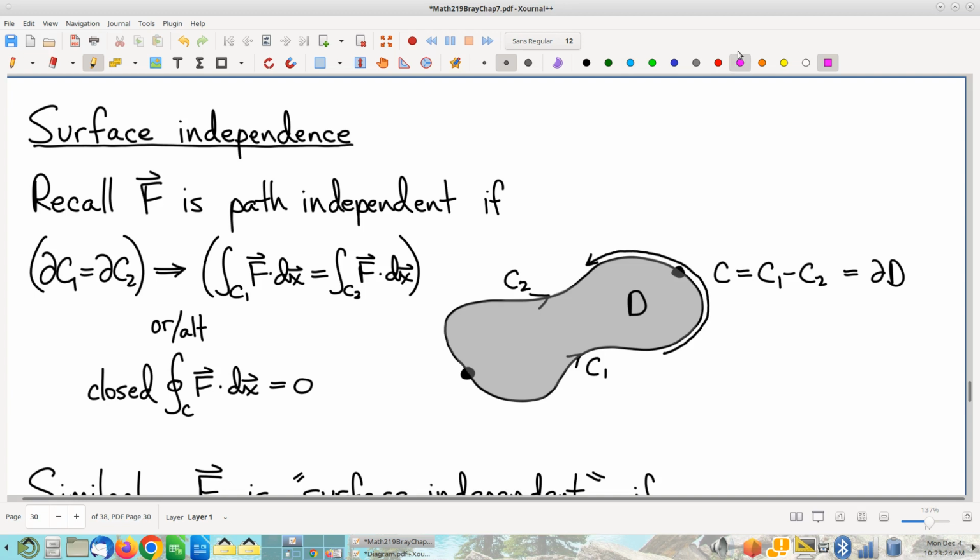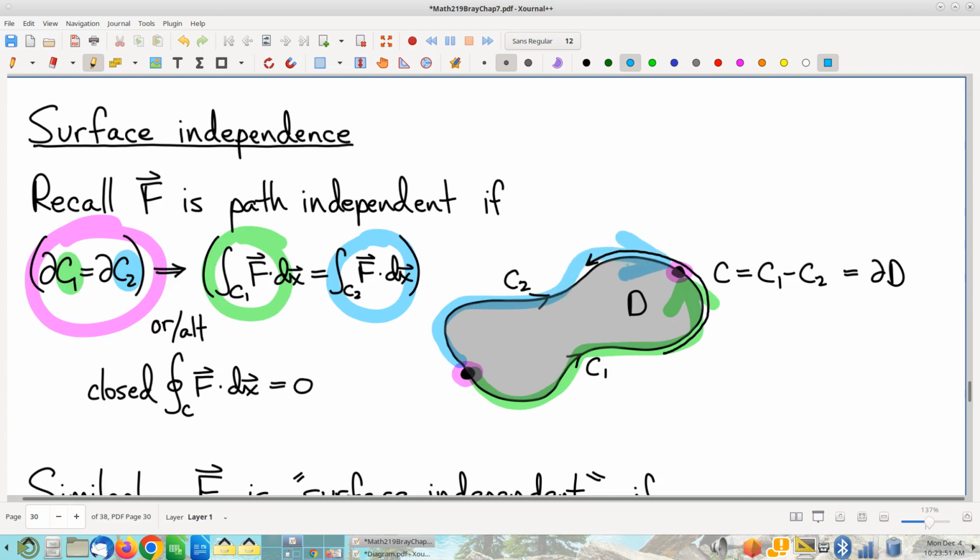The idea of path independence is that as long as we fix a starting point and fix an ending point and insist that our curves both start at that starting point and end at that ending point, if you have one such curve whose line integral you're interested in, and another such curve whose line integral you're interested in, there are certain special vector fields called path-independent vector fields where the mere fact of them sharing a starting and ending point will also make them share the values of those line integrals.